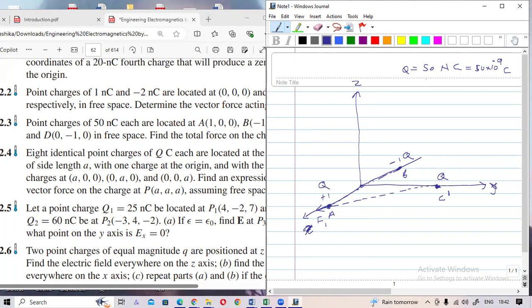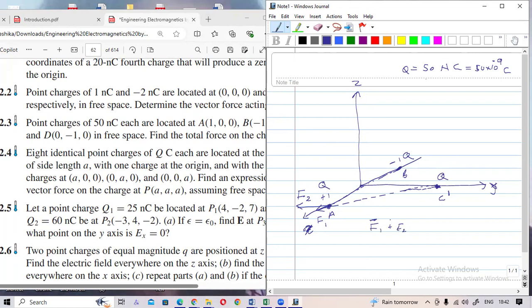In this way also you have a force, let's say F2. You have to get the vector addition of F1 and F2.